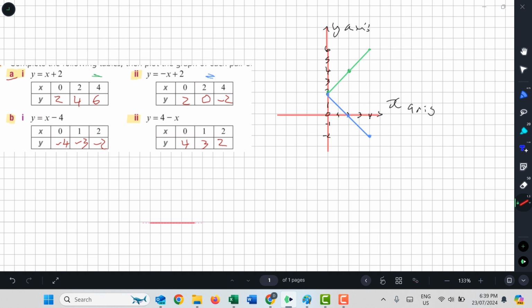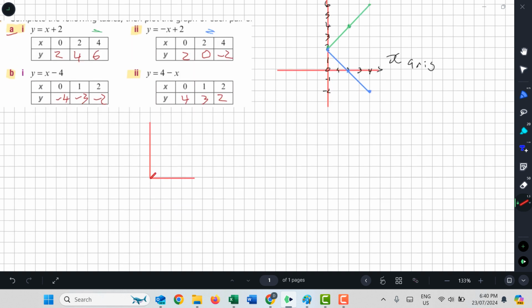There's roughly 0, 1, 2. That's plenty. And how tall it is, it only needs to go up to 4. So I'll go a little bit more than 4 squares. And it's got to go as low as -4. So at least 4 squares going down. Something like this.